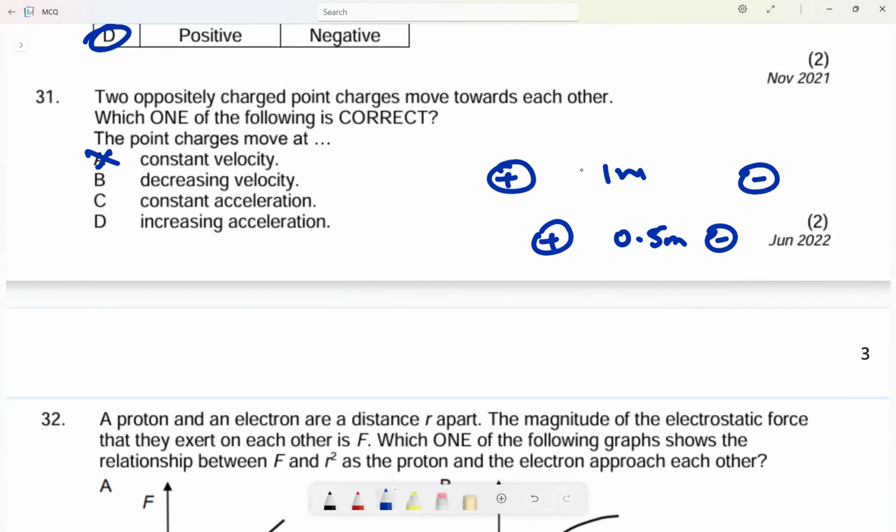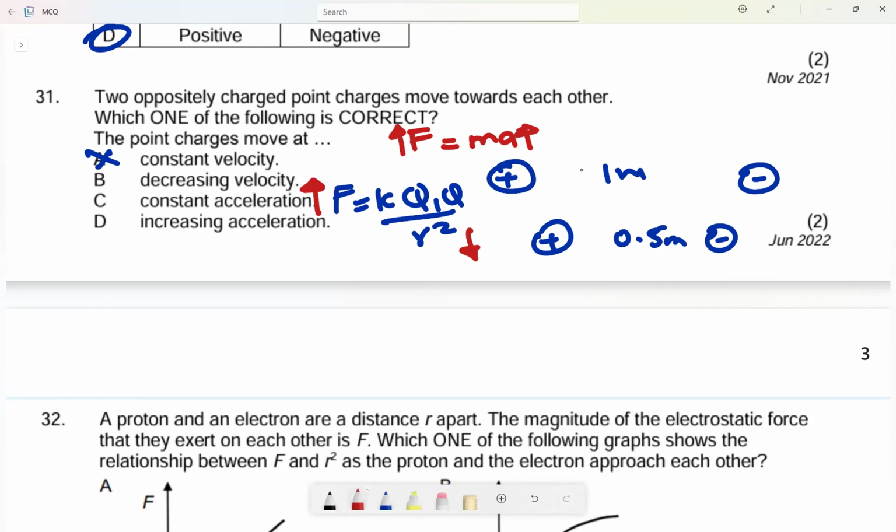We know from the formula F equals kQ1Q2 divided by r squared that when r decreases, the force increases. If the force increases, what will happen? We know F net is equal to ma. If the force increases, the acceleration will increase. Therefore, if the acceleration is increasing, the velocity is increasing.